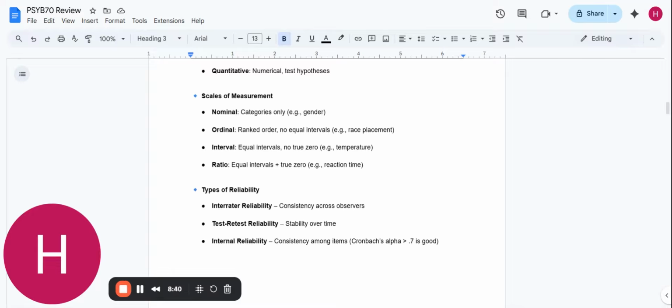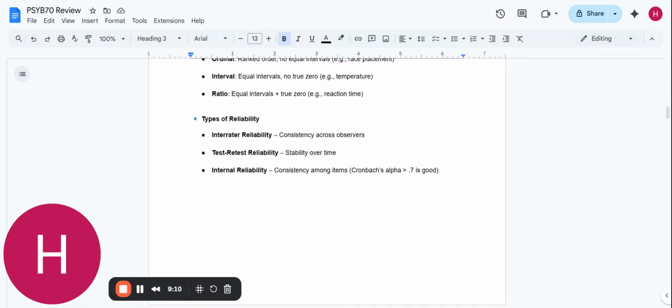Interval focuses on equal differences between the values, and there is no true zero. For example, temperature. We know the difference between each degree of Celsius or Fahrenheit means something. And then last but not least, we have ratio, which has equal intervals, but also a true zero. For example, reaction time.